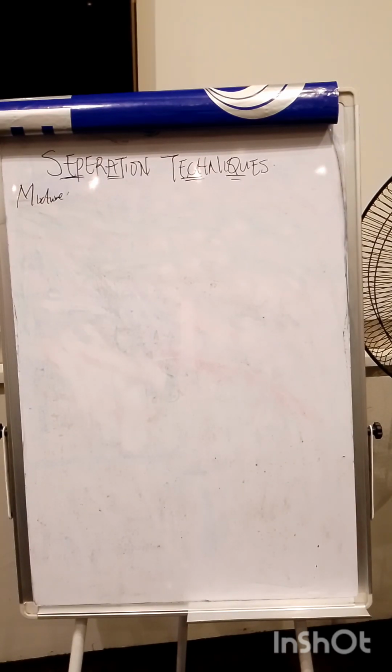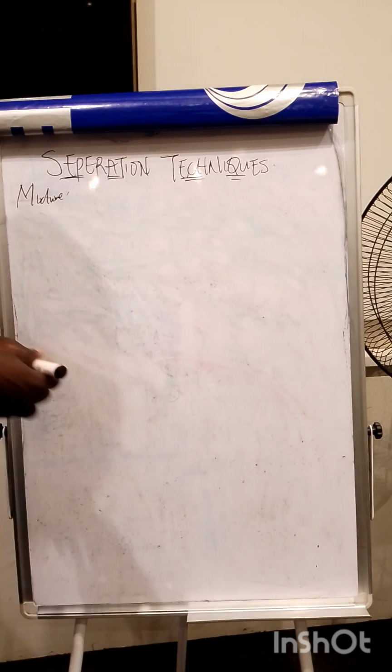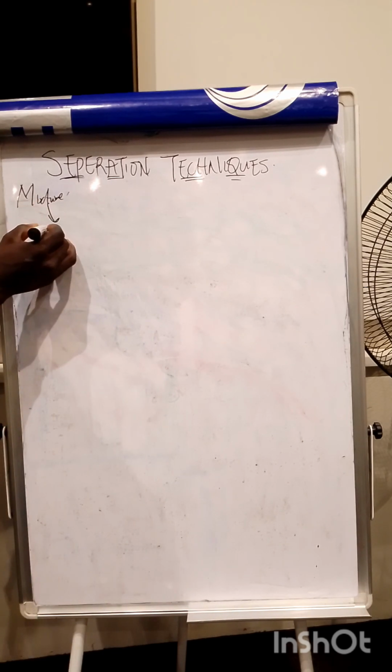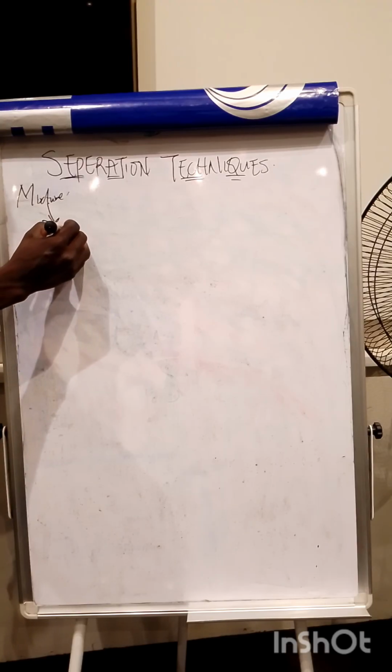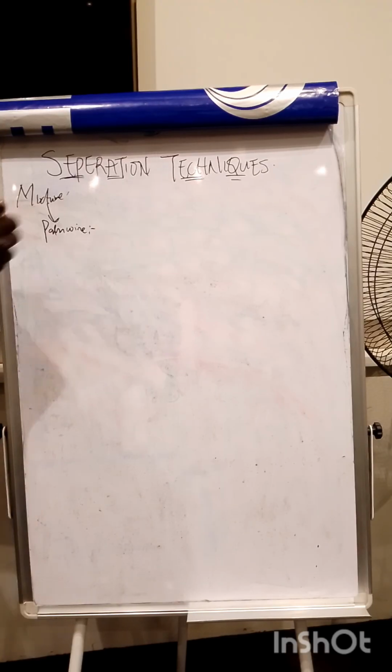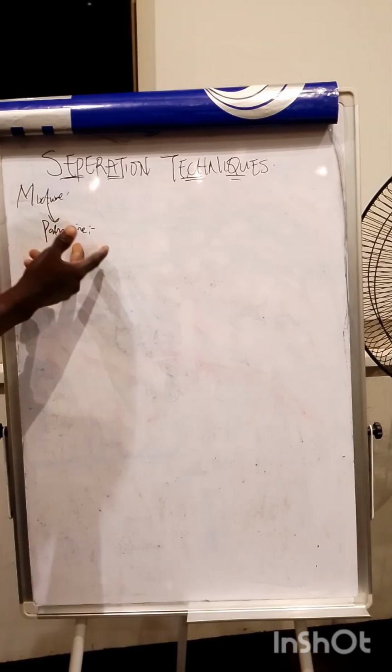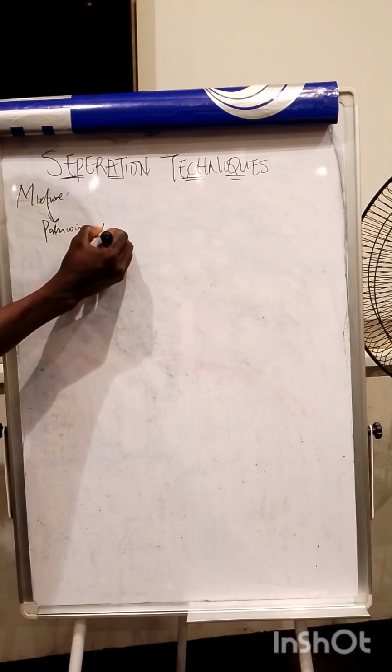Now I said a mixture contains two or more different substances. A perfect example of a mixture is your palm wine. Are you with me? Your palm wine. How do we know that palm wine is a mixture? We know it's a mixture because palm wine is alcoholic, it contains alcohol.